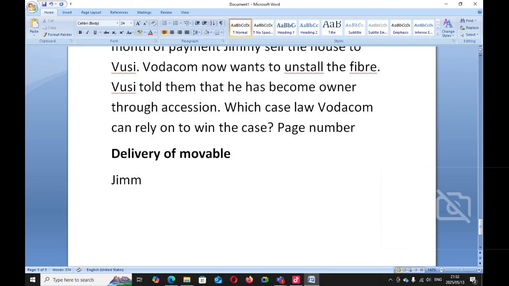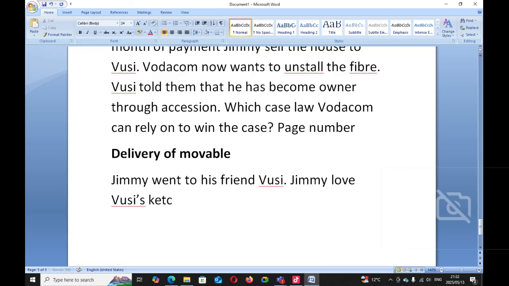Jimmy went to his friend Vusi. Jimmy loved Vusi's watch.